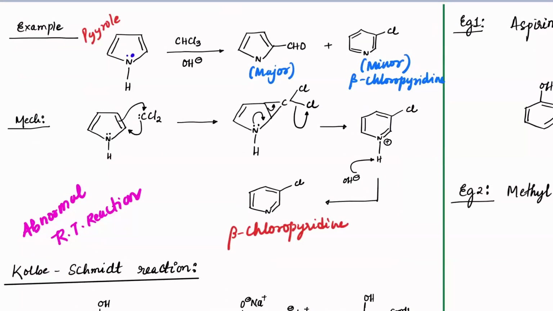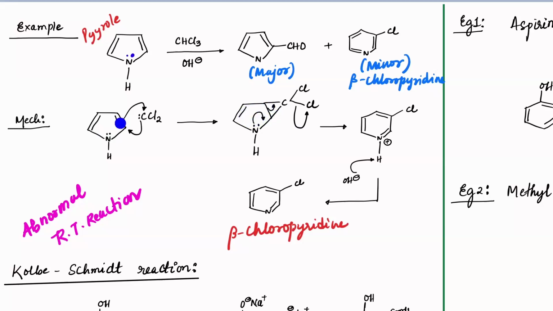How come this beta chloropyridine is coming as a minor product? Please look into it. So when CCl2 is there as it attacks, the lone pair present on carbon can back attack and make a three-membered ring. Now, when would this happen? When the resonance energy is weaker, and you know that pyrrole resonance energy is quite weak, which means less. So it is less delocalized all the time.